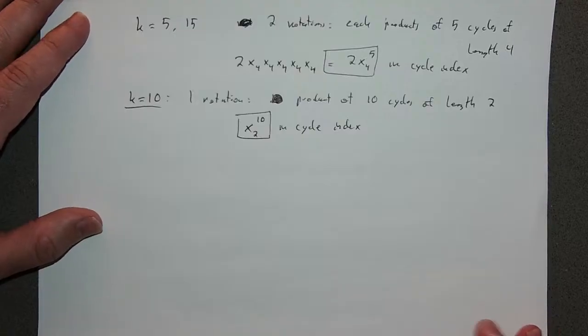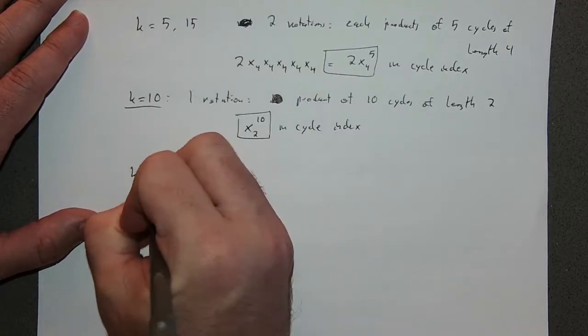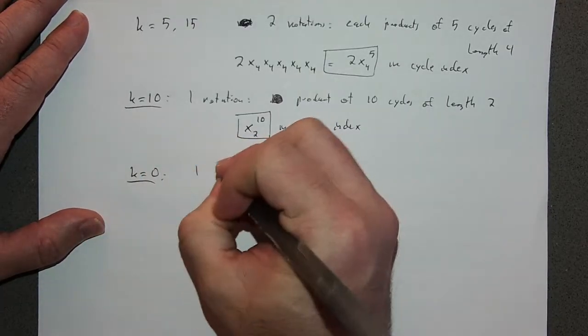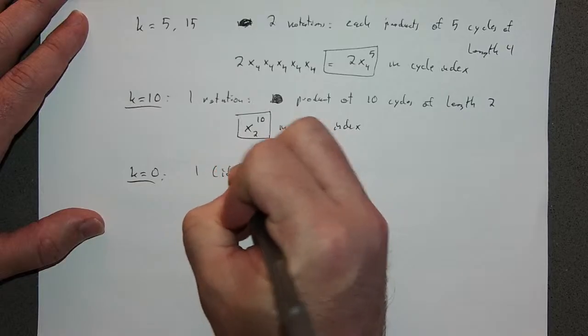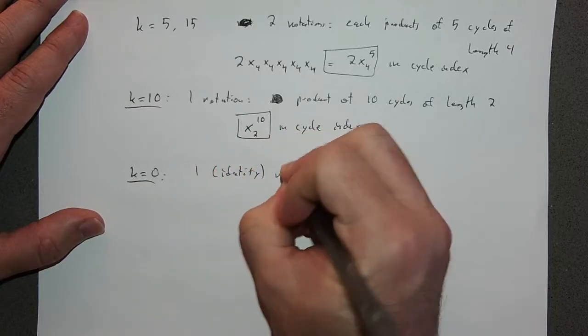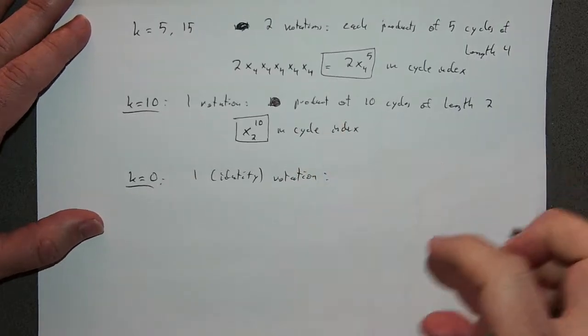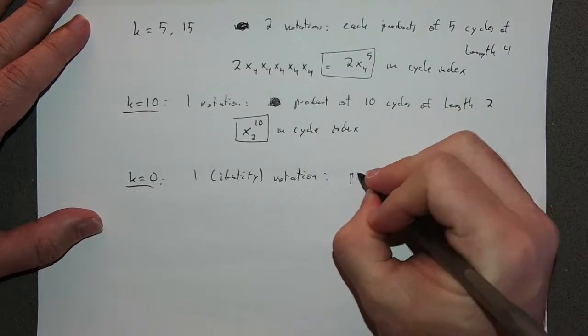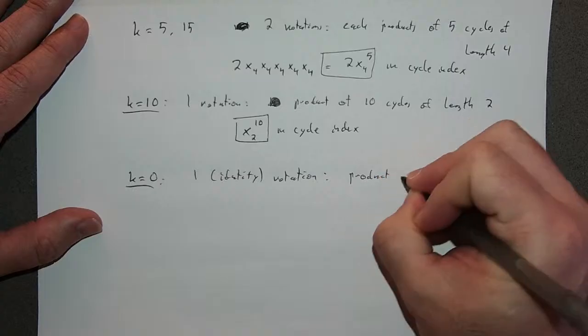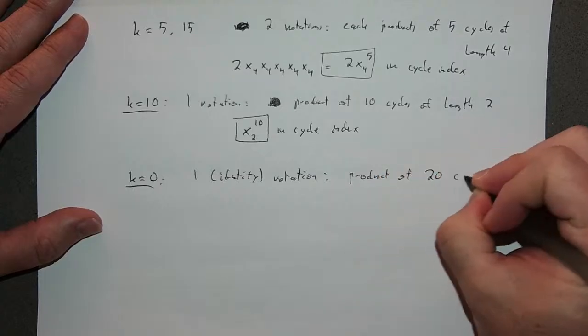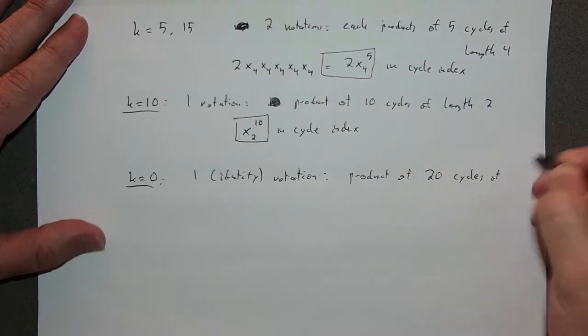And then the identity, which is k equals 0, 1 identity rotation, which is a product of 20 cycles of length 1.